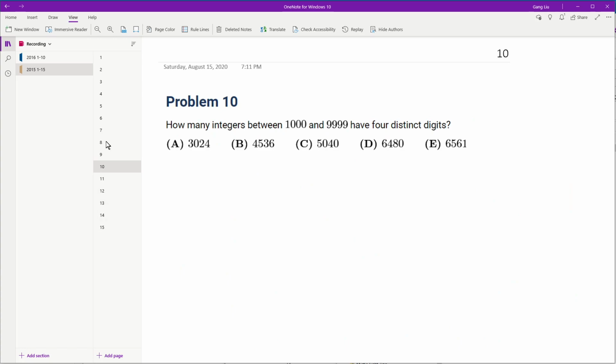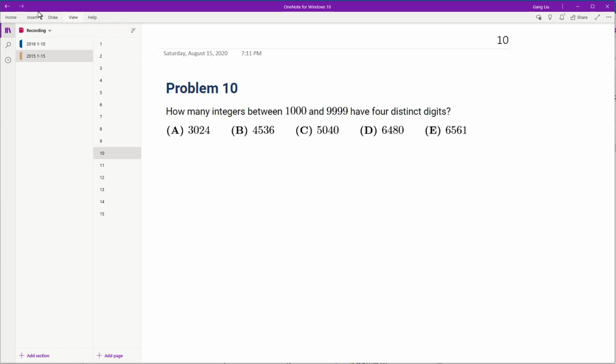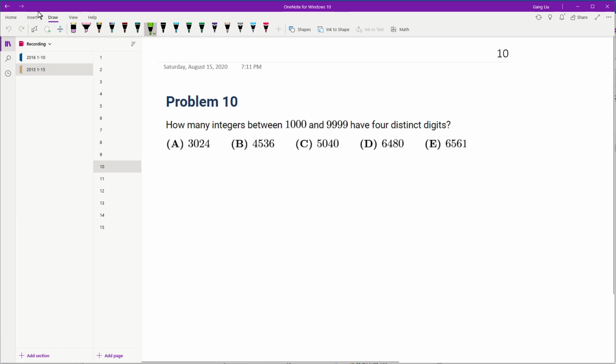Problem 10. How many integers between 1000 and 9999 have 4 distinct digits? For the first digit, we have 9 ways of picking.